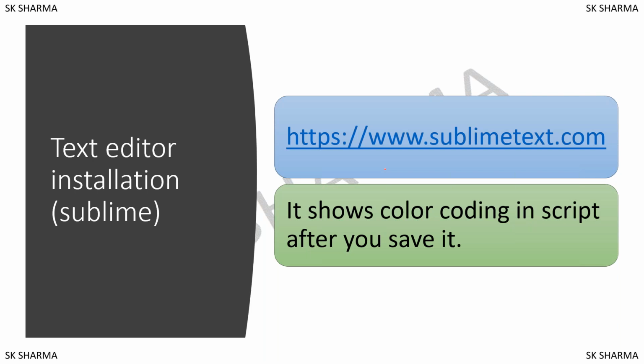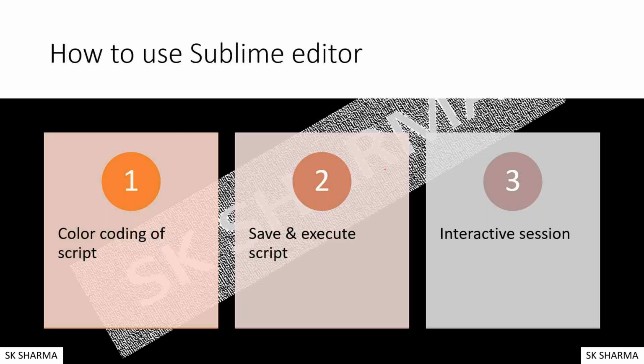So you go to this website and download it. It's pretty simple, no need to explain anything here. The important thing is how you will run the program. Okay, so let's move next.